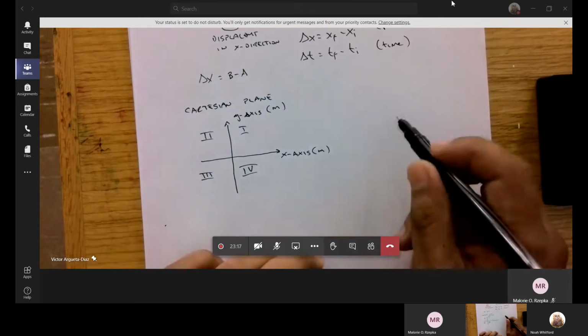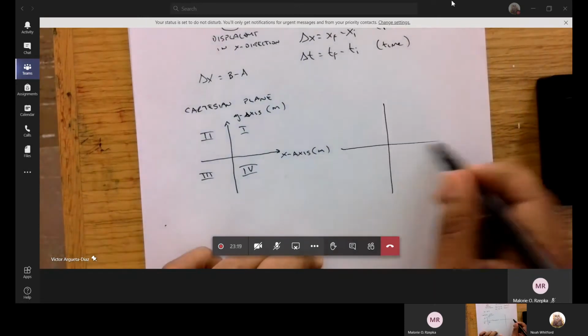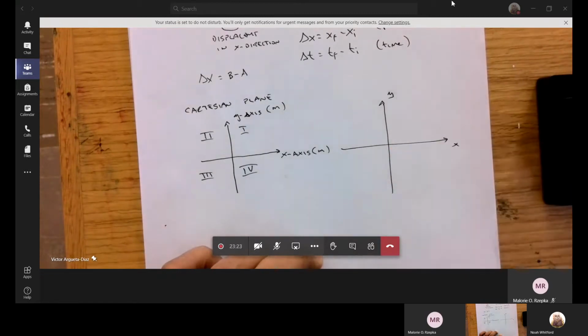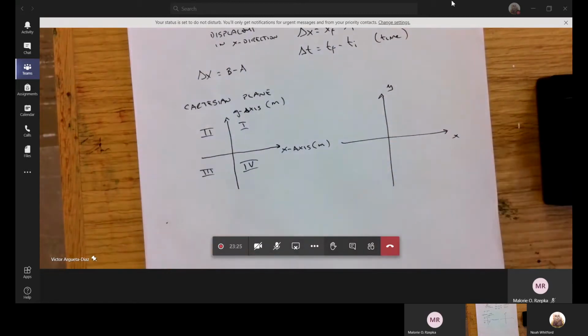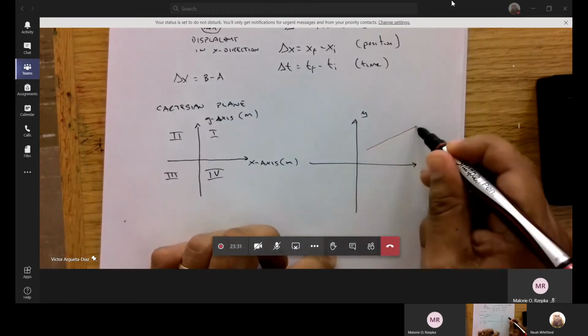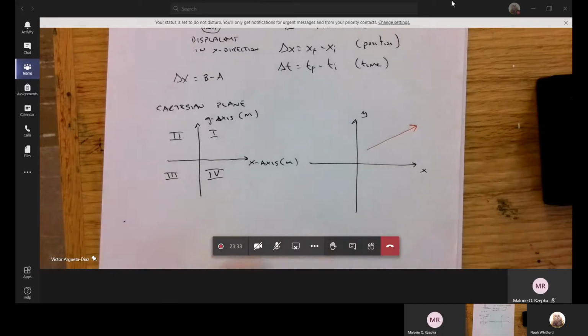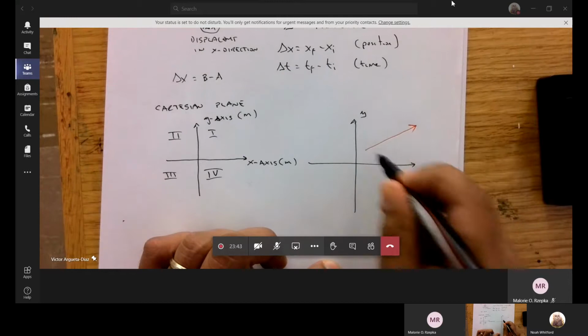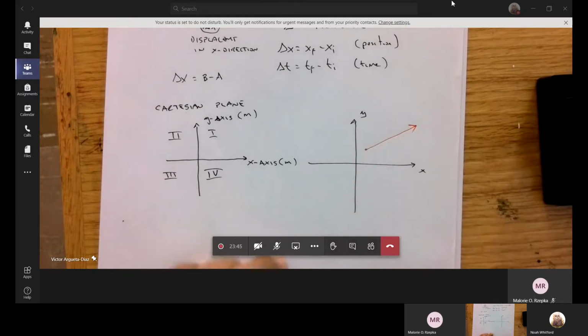So let's say that I have the Cartesian plane with x and y, and I'm going to have a vector. Vectors are usually represented just like an arrow. The tip of the arrow represents the final point, and this will be my initial point.